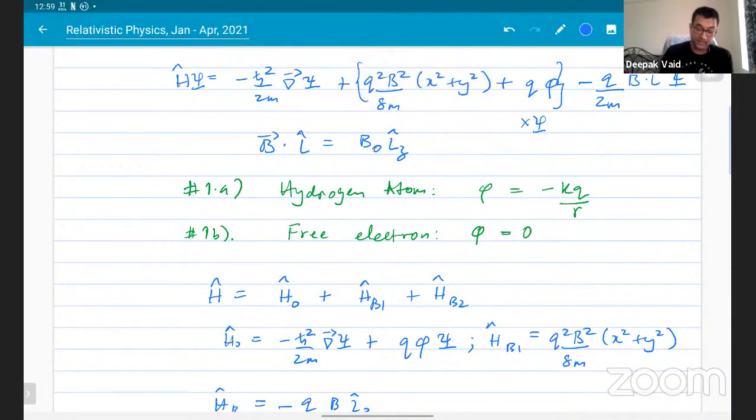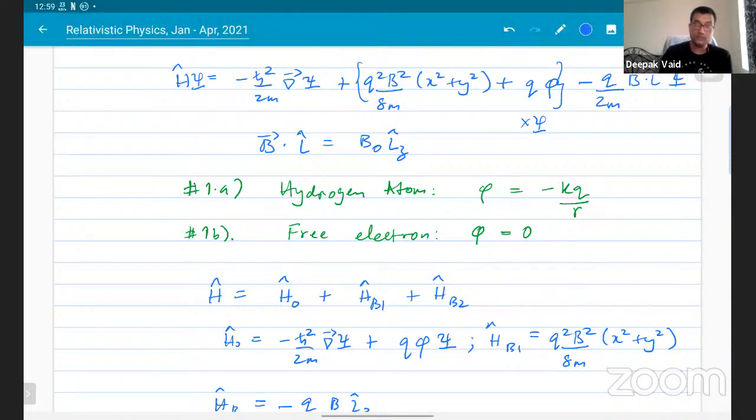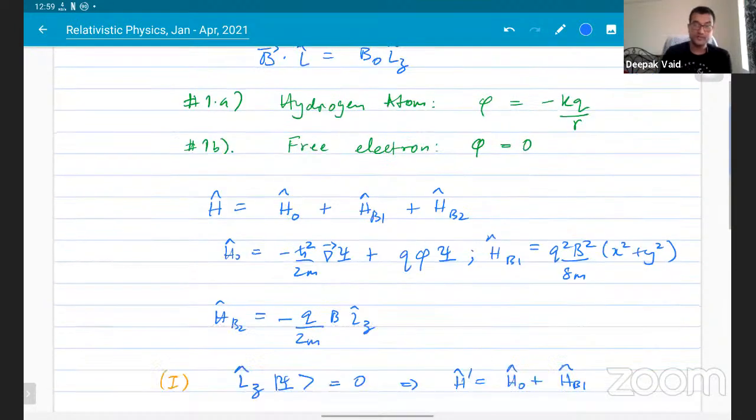And here the other coupling strength would be given by this Q times B by 2m, because the eigenvalue, this L times psi just gives you a factor of, well, you should include that factor, that gives you H bar. So we can look at what we expect the contribution of these two terms to the Hamiltonian to be, right?